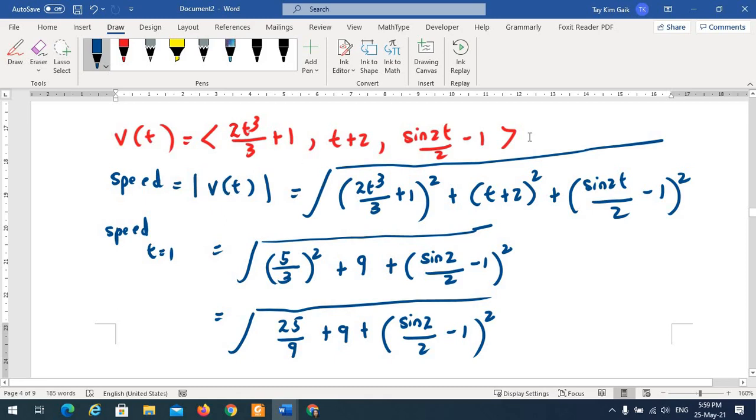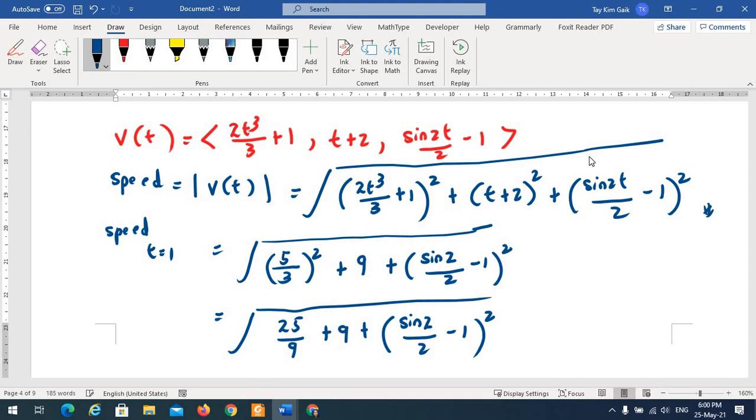That's why velocity is a vector. Speed is only magnitude. So to get the magnitude of a vector, you have a big square root, and then you square each component and sum it up.